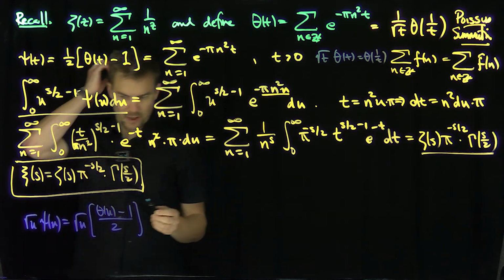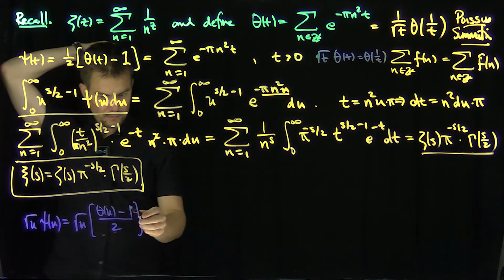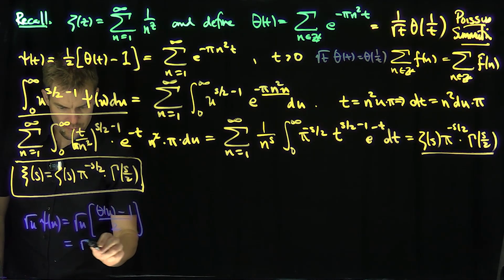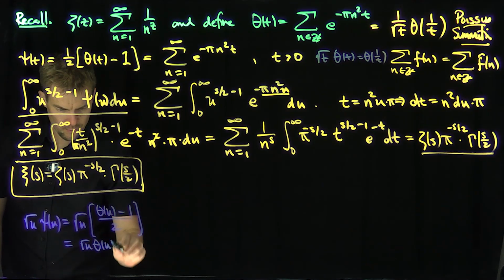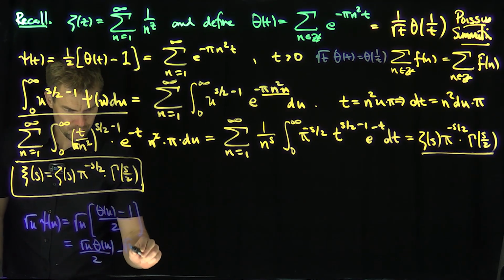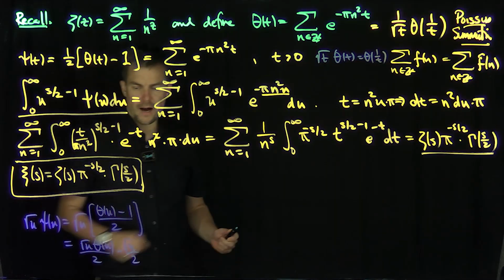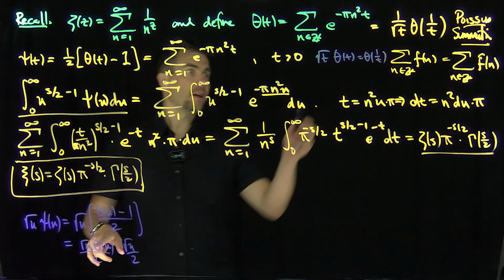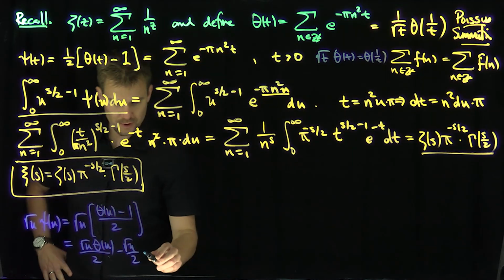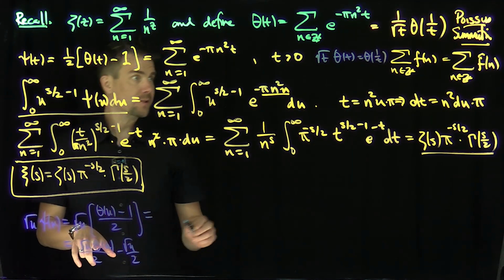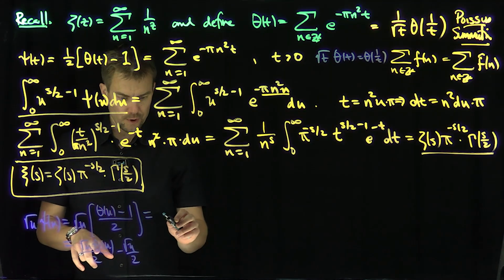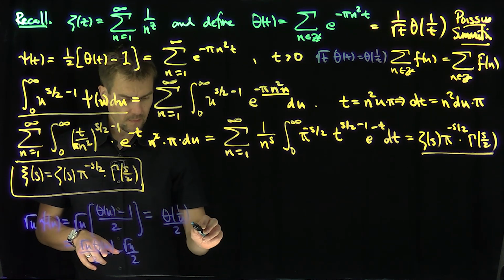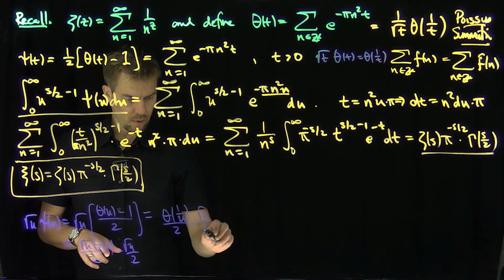And so I'm going to multiply this through, so this is going to be root u theta of u over 2 minus root u over 2. And now I know that root u theta of u is going to be theta of 1 over u, so this is going to be equal to theta of 1 over u over 2, and then minus root u over 2.